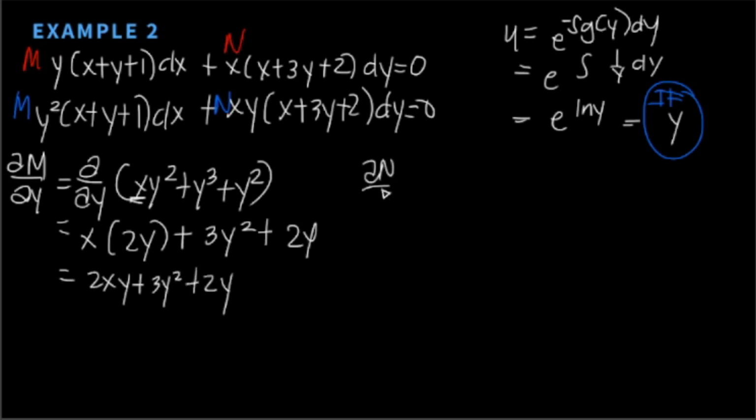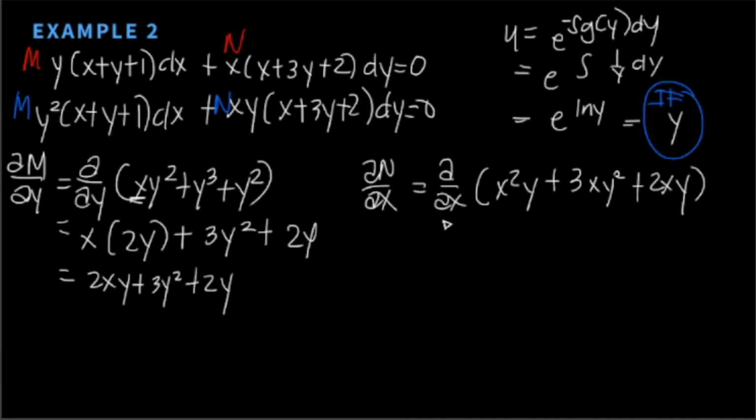So, dN over dx naman tayo. Differentiate natin yung N in terms of x. So, distribute natin itong xy dito. So, that will be d over dx times x squared y plus 3xy squared plus 2xy. So, in terms of x tayo dito nag-differentiate, therefore, y is a constant here. So, yan.